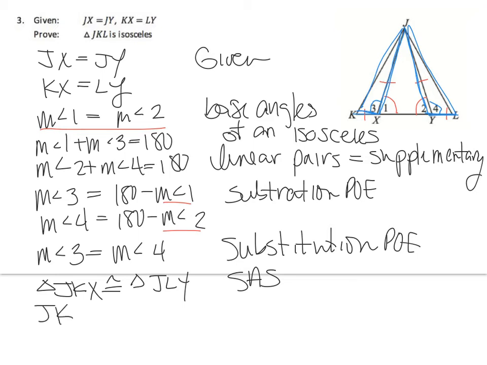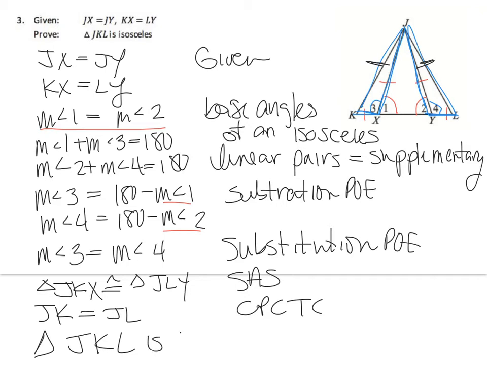Therefore, JK is equal to JL because of CPCTC. Therefore, triangle JKL is isosceles. Let's try that again. Isosceles because of the definition.